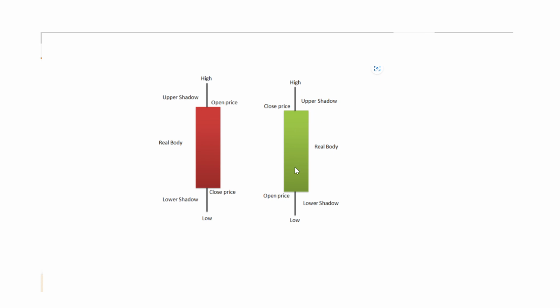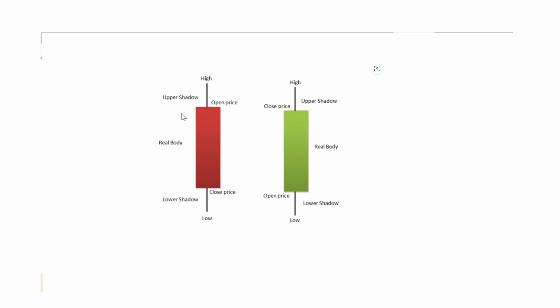Let's elaborate more by taking an example. The share opens at 100. Suppose this is the day candle, then throughout the day, if it opens at 100, suppose it has a low of 50, and it attains a maximum high of 200, and it closes at 150, right? So this is going to be a bullish candle.